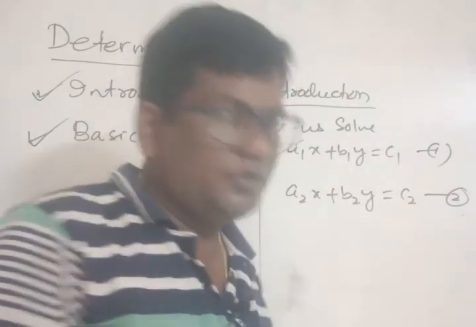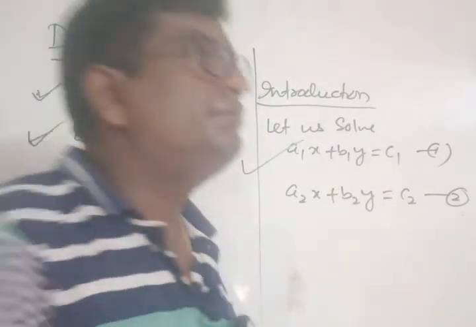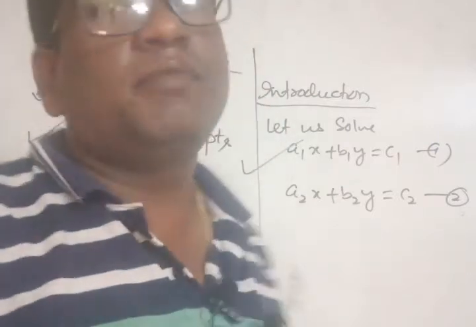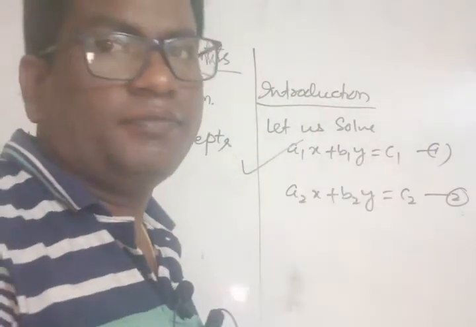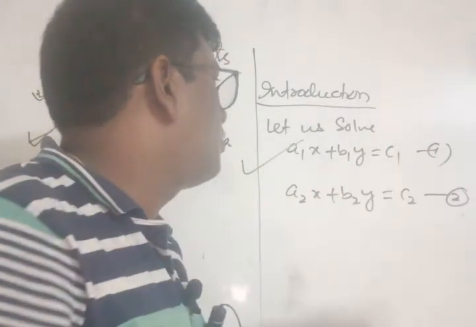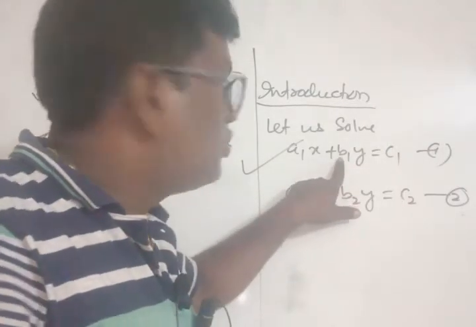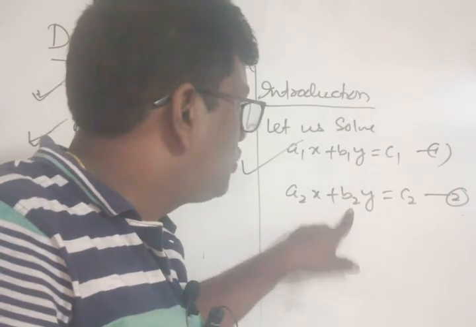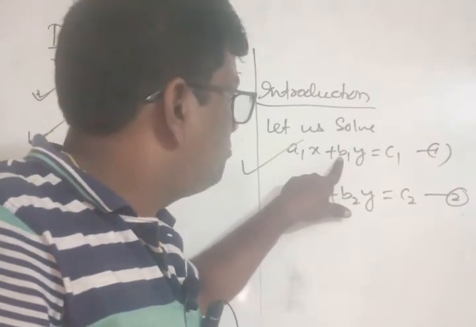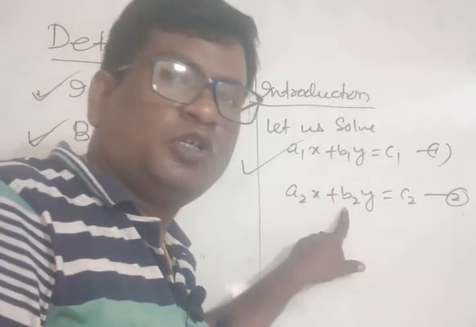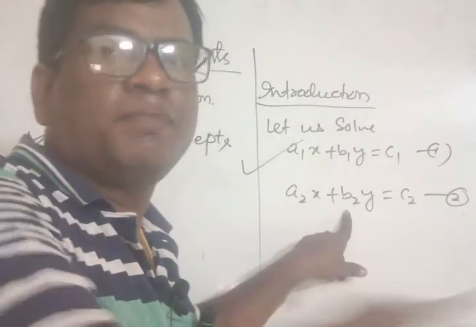Let us solve using the elimination method. It means we have to cancel the x term or the y term first. First, suppose we have to cancel the y term. So this is b1 and this is b2. Equation 1 multiplied by b2 and equation 2 multiplied by b1, then subtract.